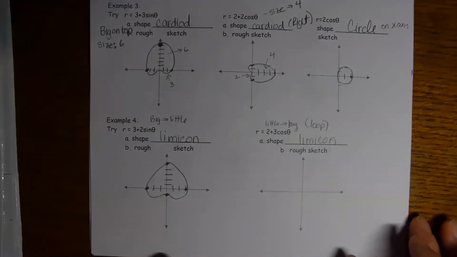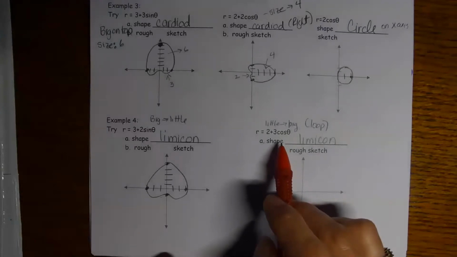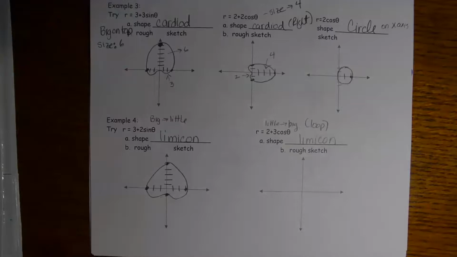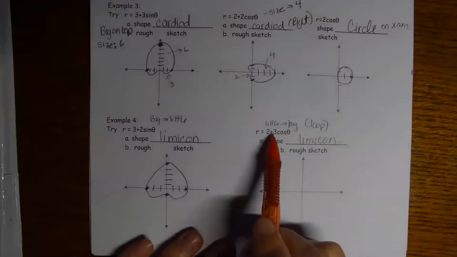All right. This one is cosine. So does it go up and down or right and left? Cosine goes which way? Right and left. So how far over are you going to count? 3 and 2.